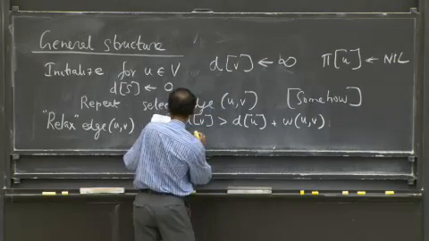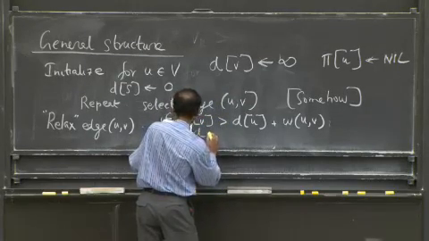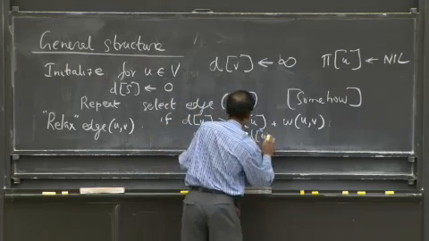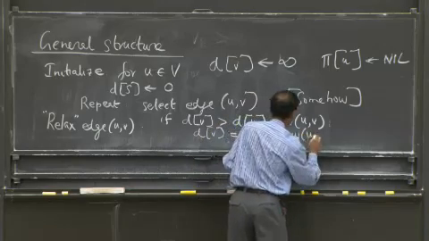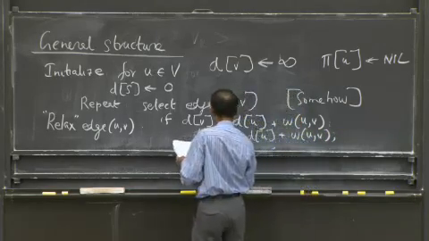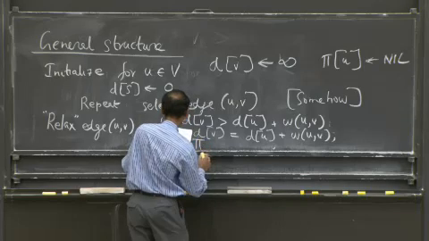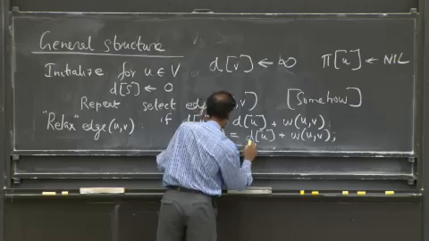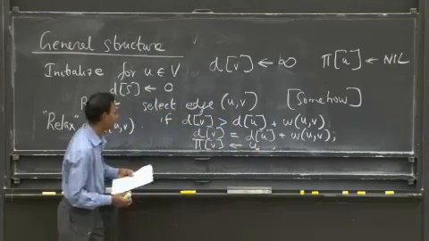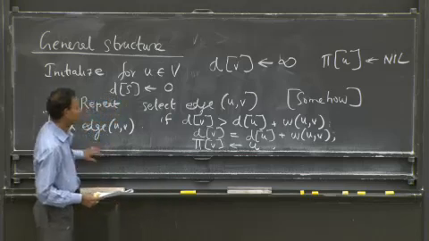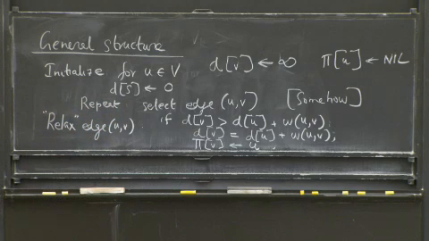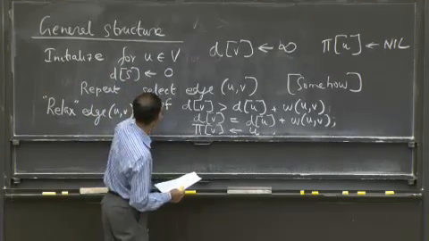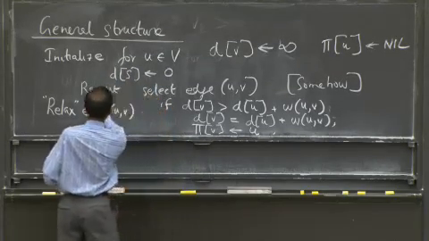And so what you do here is, if the if is true, then you set d of v to be d of u plus w uv. And you'll also update the predecessor relationship, because the current best predecessor for v is going to be u. Right? So that's the notion of relaxation. And I kind of ran out of room here, but you keep doing this repeat.